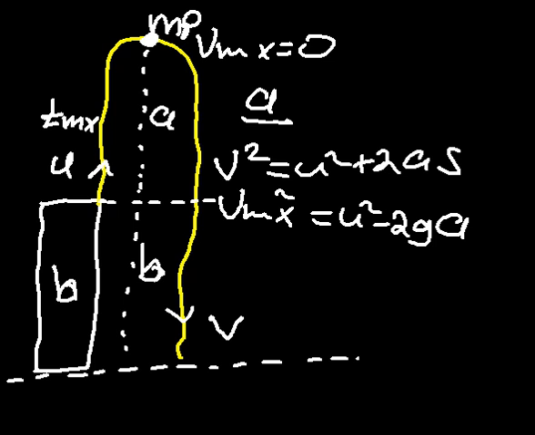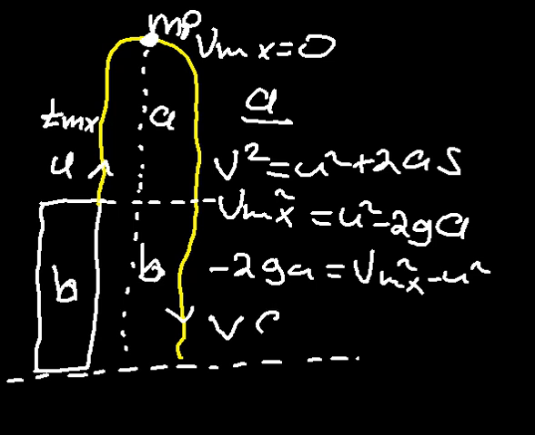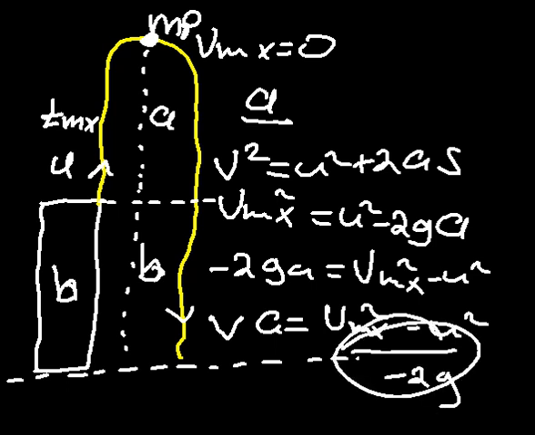In this case, negative 2ga is equal to Vmax squared minus u squared. So a is given as Vmax squared minus u squared divided by negative 2g. That's the formula you have to use as well, as we already discussed.